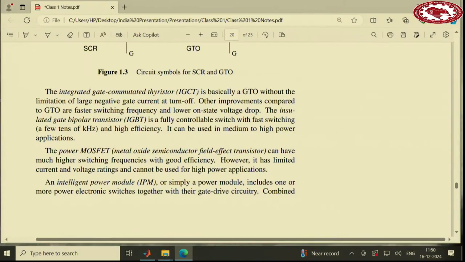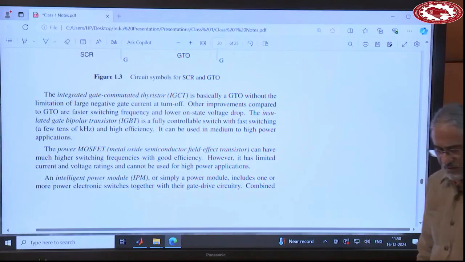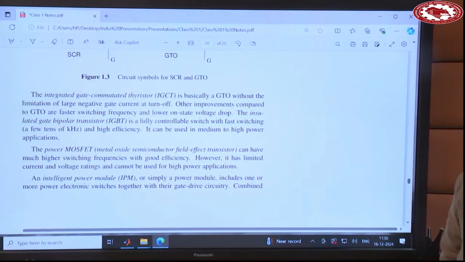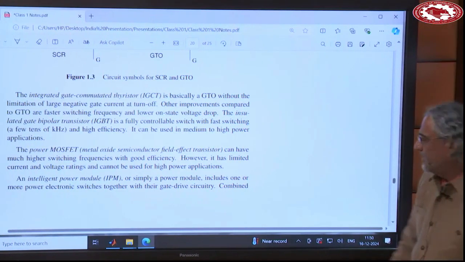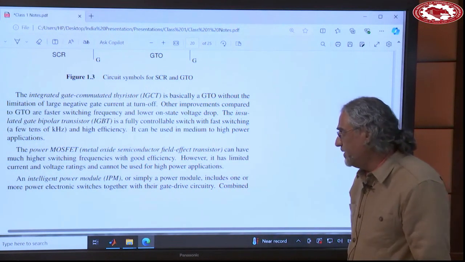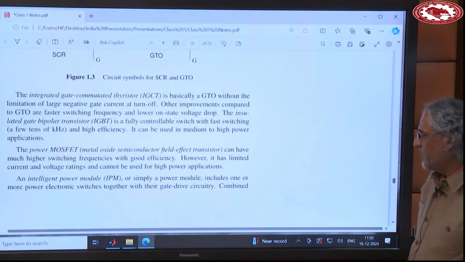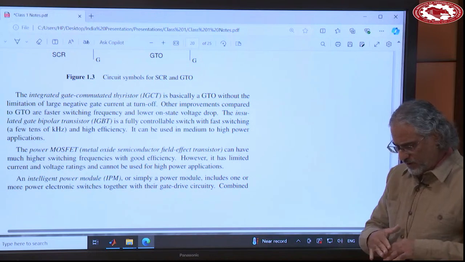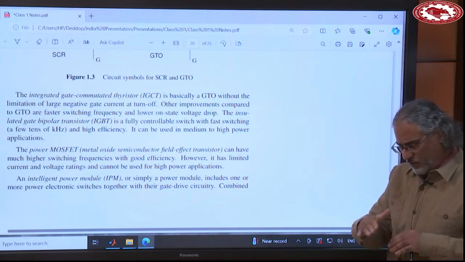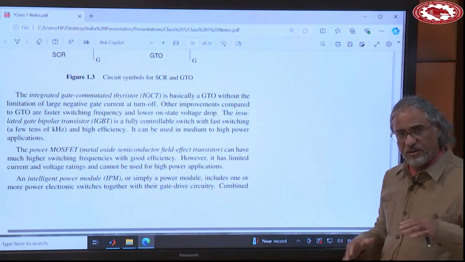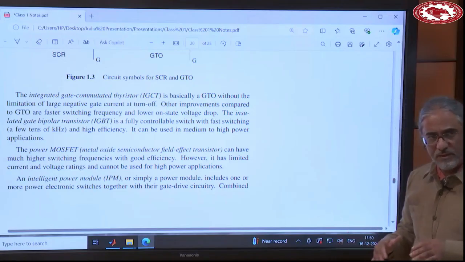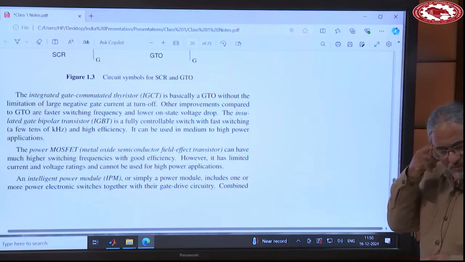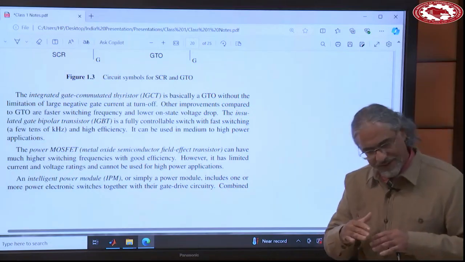MOSFETs, power MOSFETs can really improve in terms of switching frequency and efficiency. They have lower losses, but the limitation they have compared to IGBT is the level of the current and voltage that they can handle. By the way, the level of current and the voltage with the switch, the current is clear, is the amount of current that it can tolerate when it is on, the maximum amount of current, or the rated, because there is a difference between the maximum and the rated again.